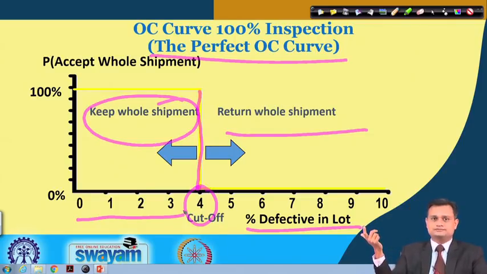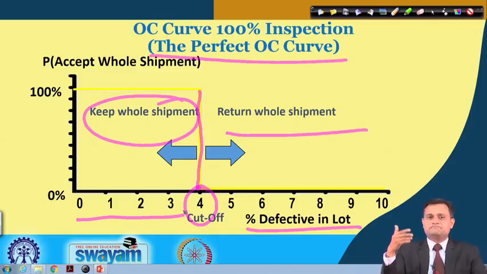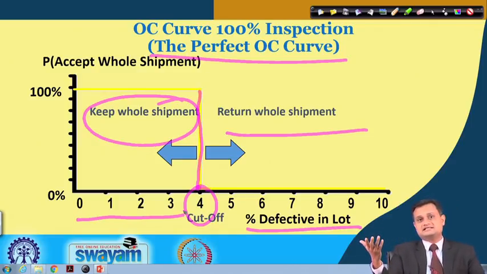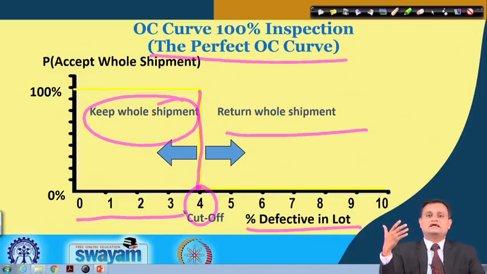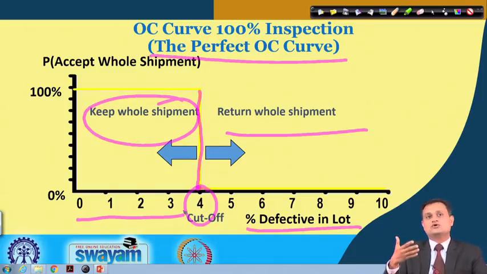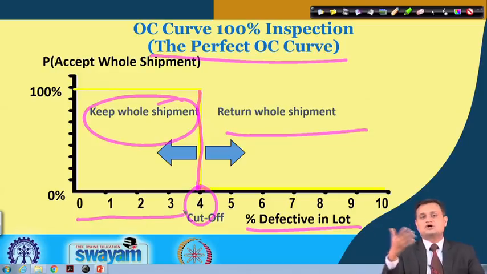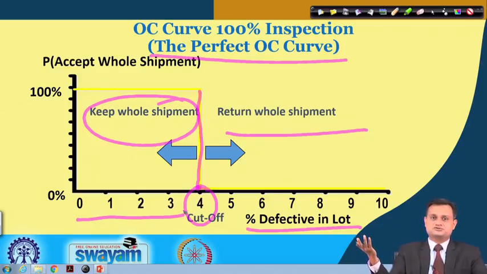I don't think so. As the percentage defective increases, you must have a change in your probability of acceptance, which is a wise and realistically designed operating characteristic curve, rather than the perfect OC curve based on 100% inspection.